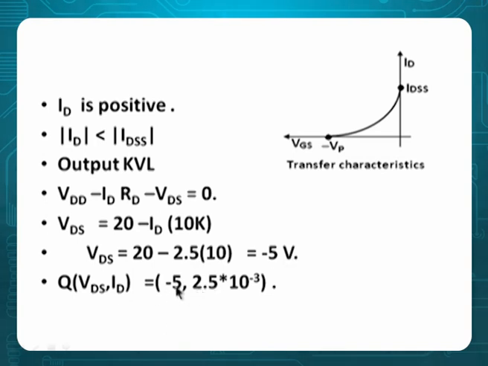This is basically not going to really work, because VDS should not be negative. But this happened because there is no feedback. If you give the feedback, the value of VDS will change, and you can see it in the next problem. This is only to illustrate, but at the end we understood VDS has become negative.